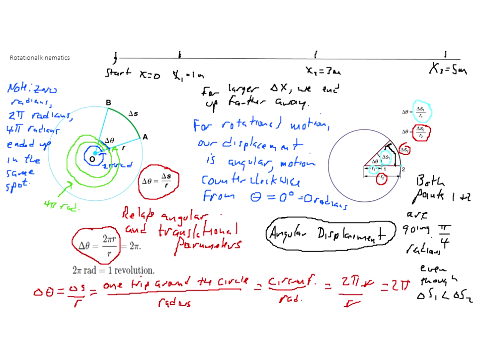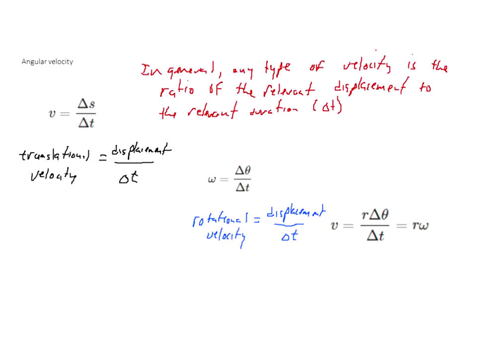In this case back here, we looked at the relationship between an angular parameter, delta theta, and a translational parameter, delta s. Since translational velocity and rotational velocity have a similar definition, it makes sense that there's probably a relationship between the translational velocity and angular velocity as well.